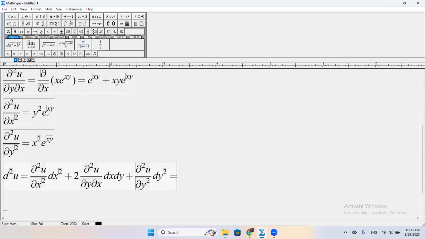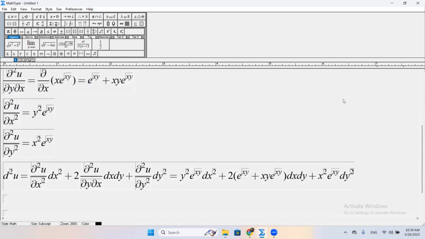So now putting everything together. So this expression by dx twice plus 2 these expressions by dx dy and plus this expression by dy twice. And finally, we found the second differential.